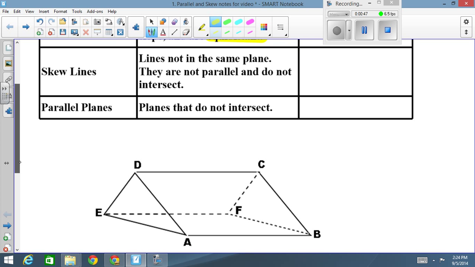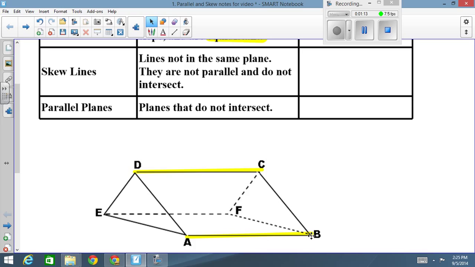Looking for two lines in the same plane, equidistant from each other that never intersect. So something like DC and AB, both of those line segments are on the front face of this 5-sided figure.